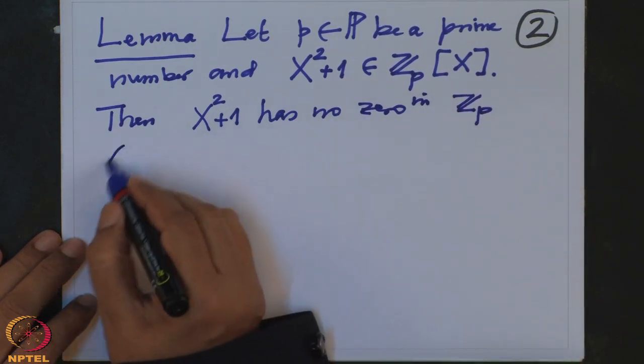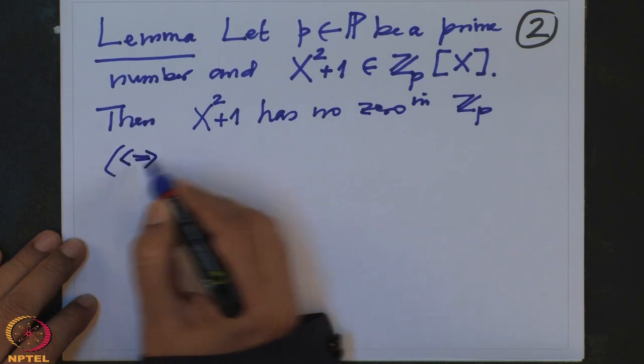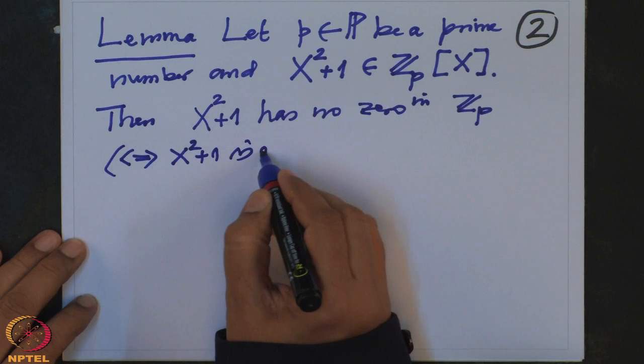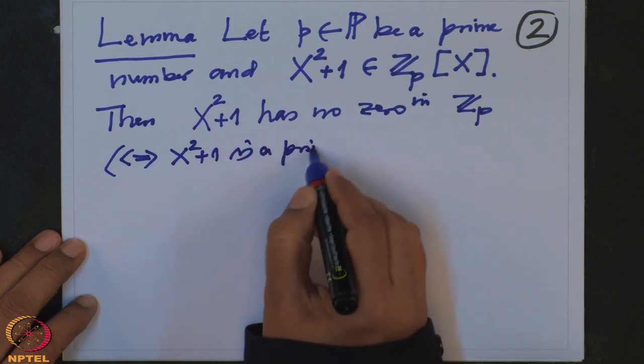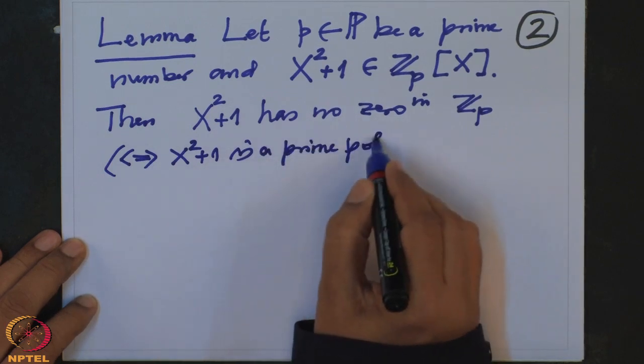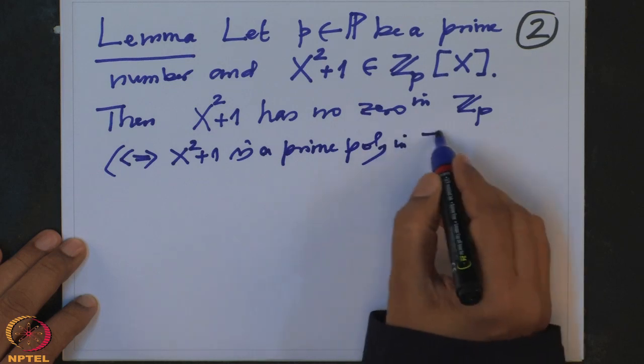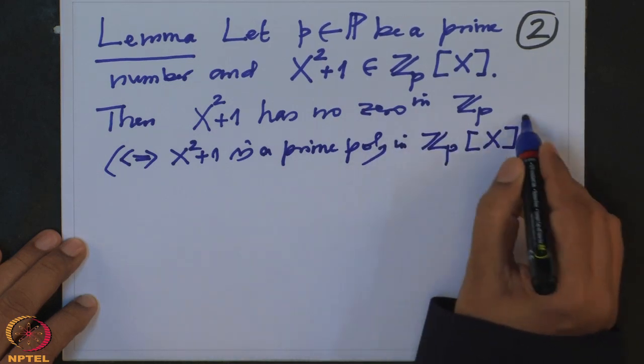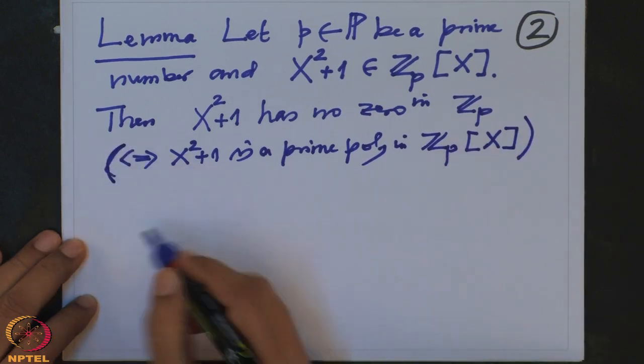We have seen that this is equivalent to saying x square plus 1 is a prime polynomial in Z mod p [x].